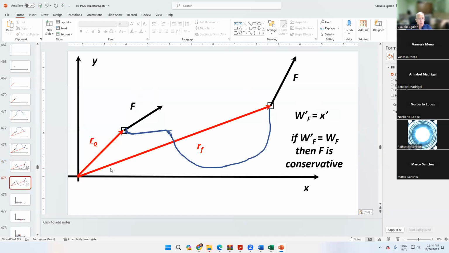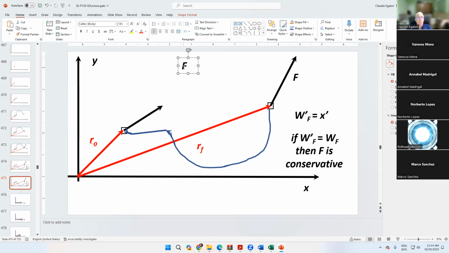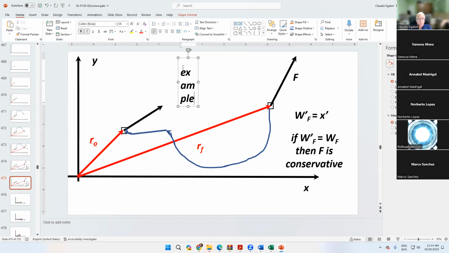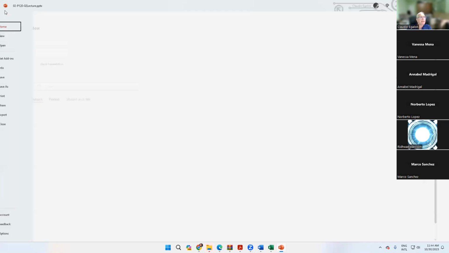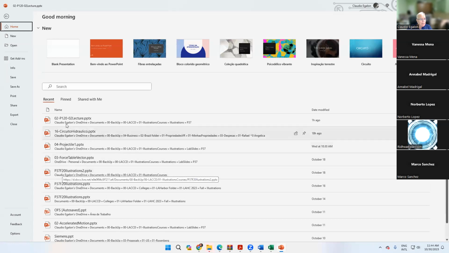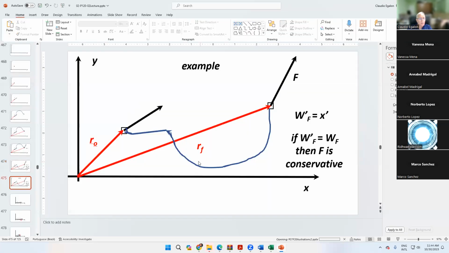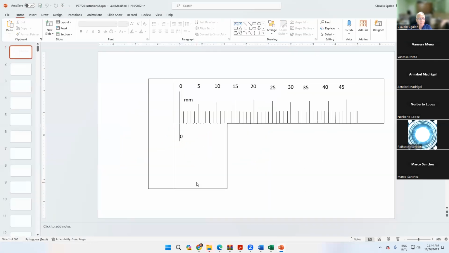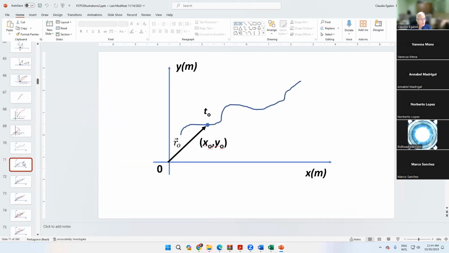I'm going to give you an example. Hopefully I have that ready elsewhere. Let me see here if I can find it. If I have it ready, I don't have to type from scratch.